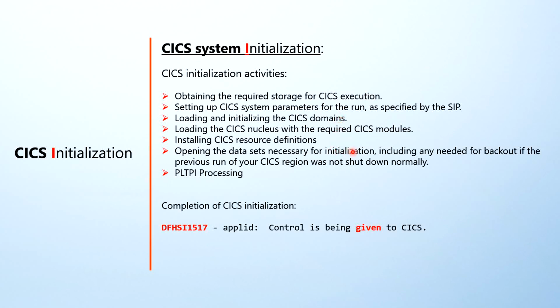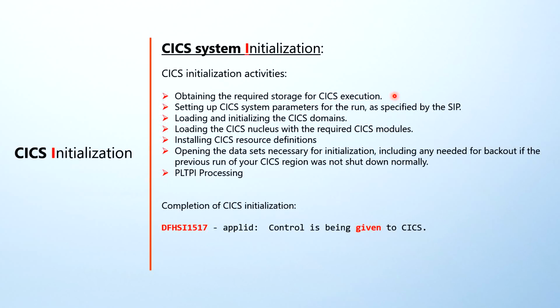Here we have just provided a partial list of the activities which it does during CICS initialization. One is that the prime objective is to obtain the storage which you have mentioned under REGION equals, MEMLIMIT equals, and the system initialization parameters like DSALIM and EDSALIM, where we mention the storage values. So the DFH program takes all that into consideration, and it acquires the required storage.